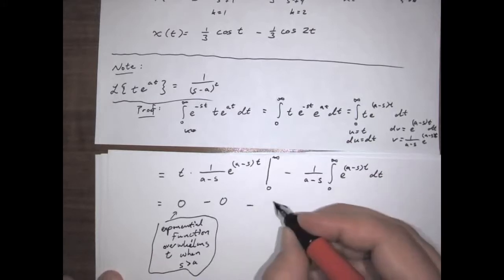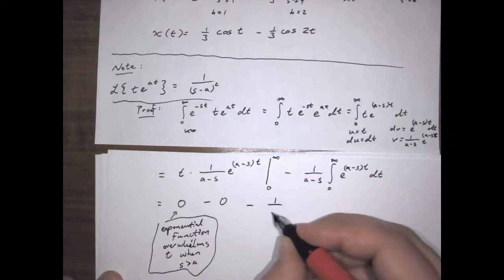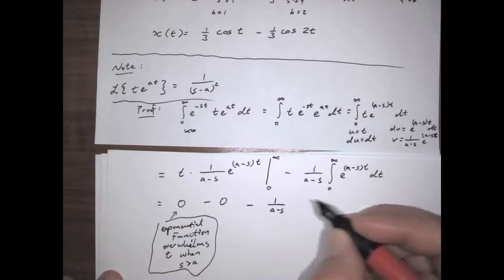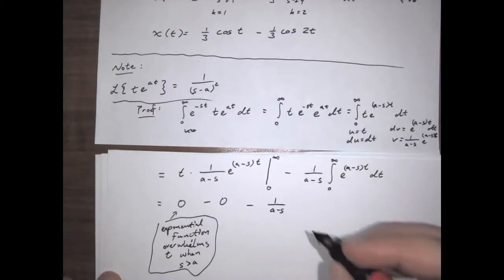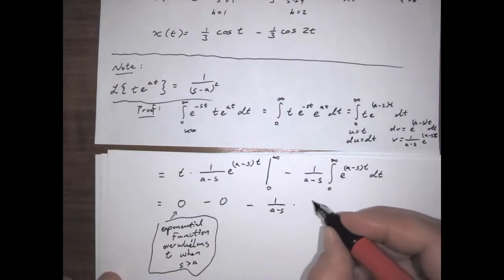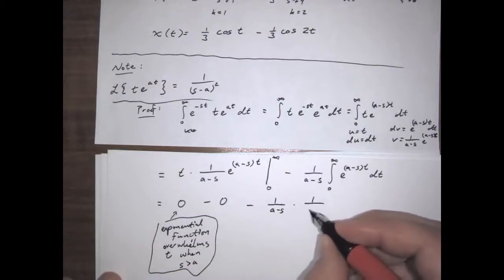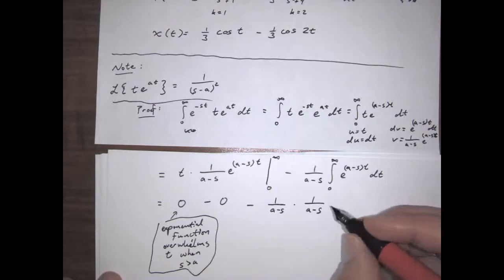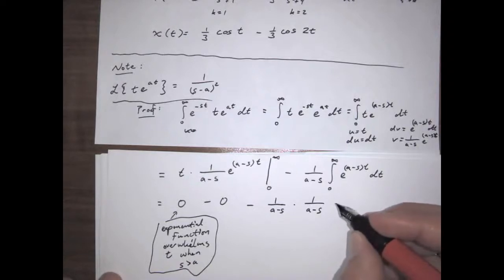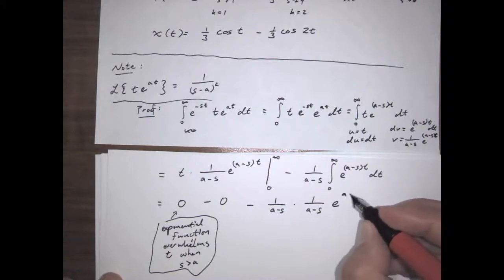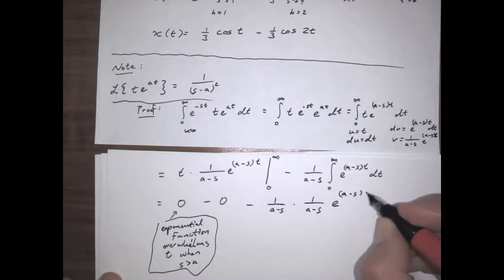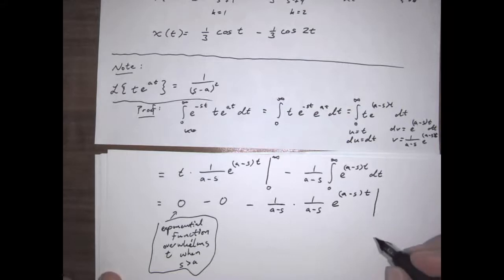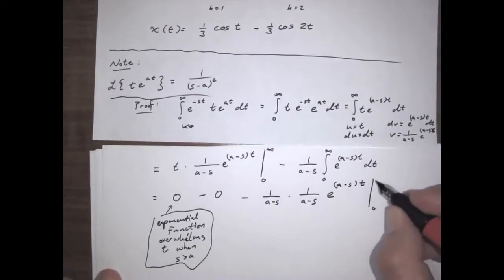This is going to be then minus 1 over a minus s times 1 over a minus s times e to the a minus s t, and then that's again going to be 0 to infinity.